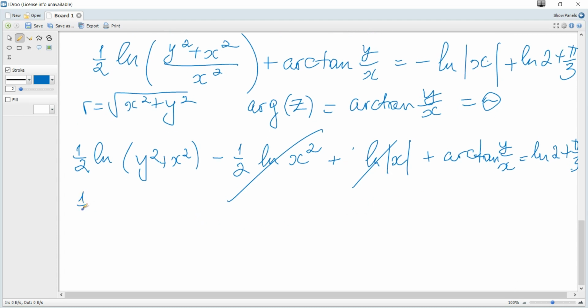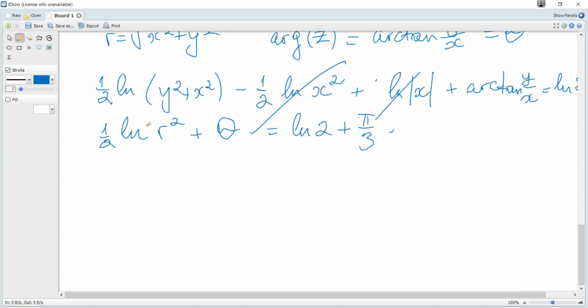And it becomes a half ln of y squared plus x squared, which is r squared, plus theta is ln of 2 plus pi over 3. The 2 moves to a half, giving ln of r, and moving theta to the right it becomes negative theta plus ln 2 plus pi over 3.